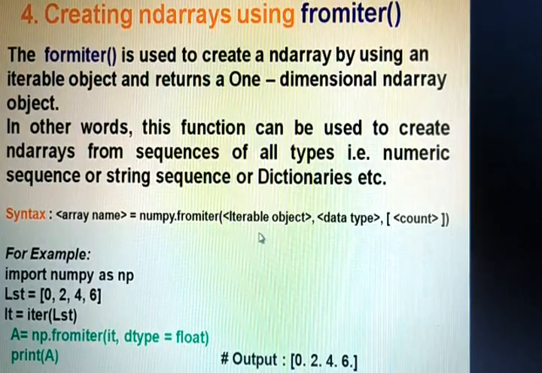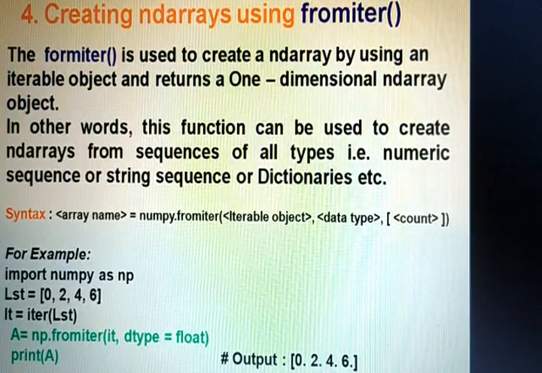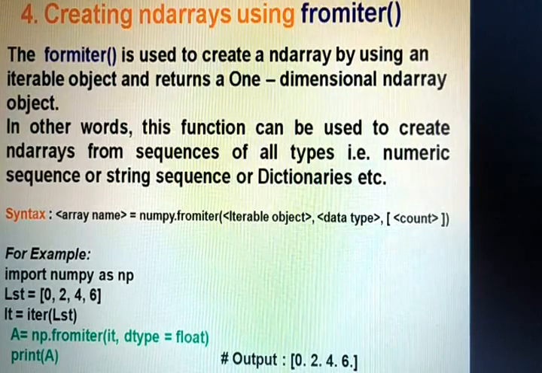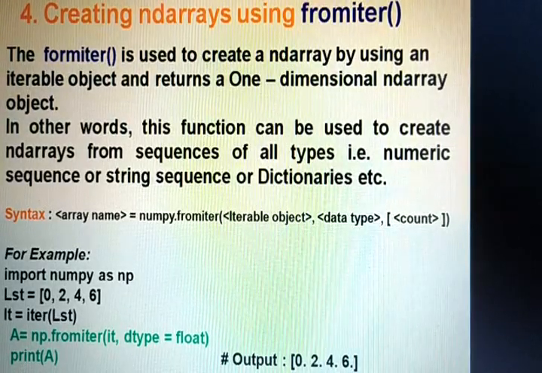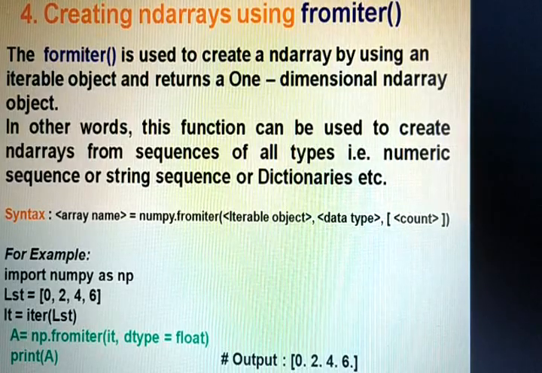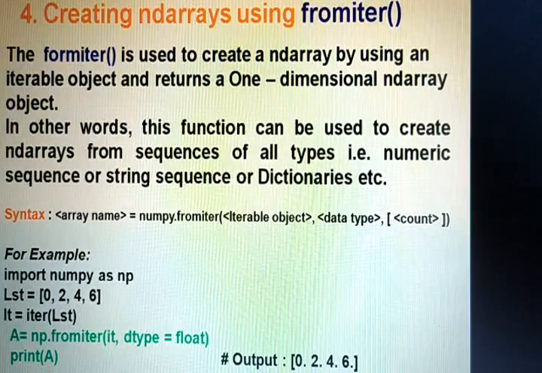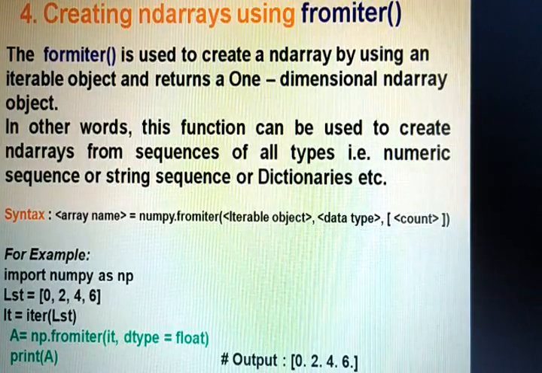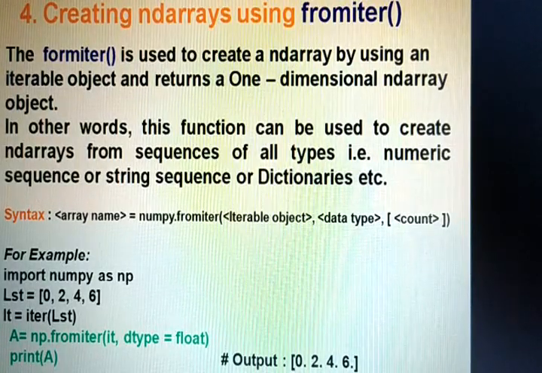Iterable object represents the iterable sequence name, and data type represents the data type of the resultant array items or values, or we can say the target values, and count represents the number of elements to read from the buffer into the array.